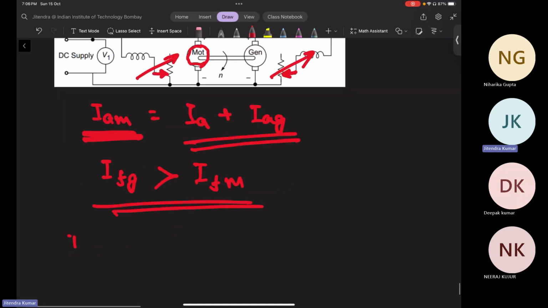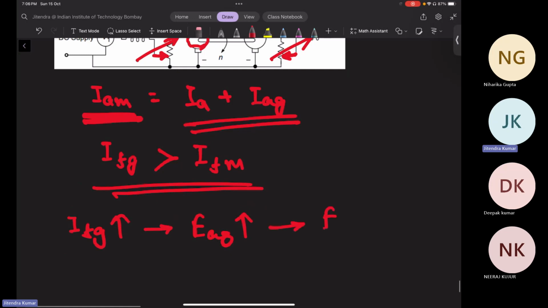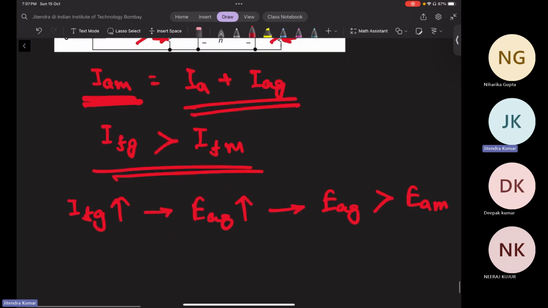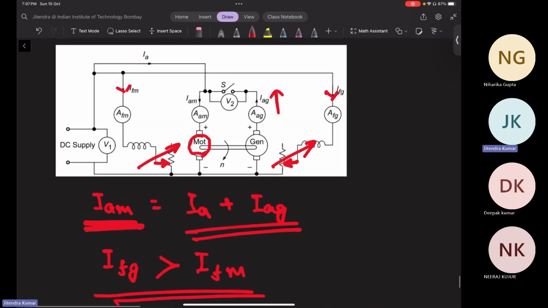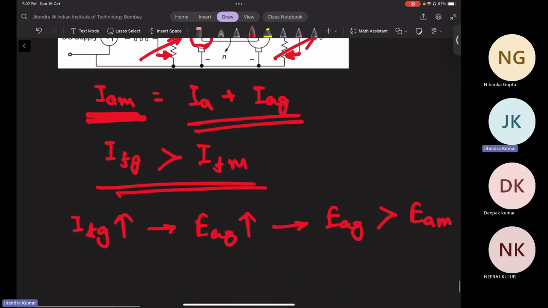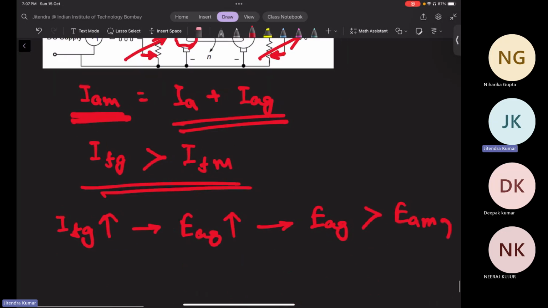Once you have a higher field current, your generated EMF will be higher, and this EMF is higher than the motor EMF, right? This EAG is higher than EAM, and this will lead to an increment in IAG and IAM.